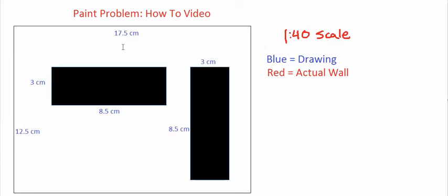You're dealing in square centimeters at that point, because a centimeter times a centimeter, when you're doing length times width, makes your units square centimeters. So we have to multiply all of our measurements on paper by 40 to get the size on the wall.